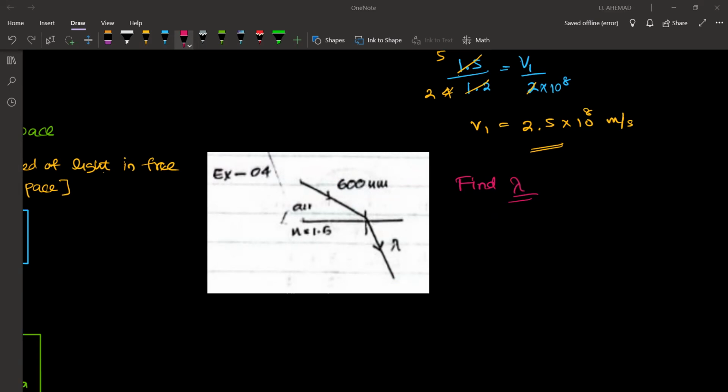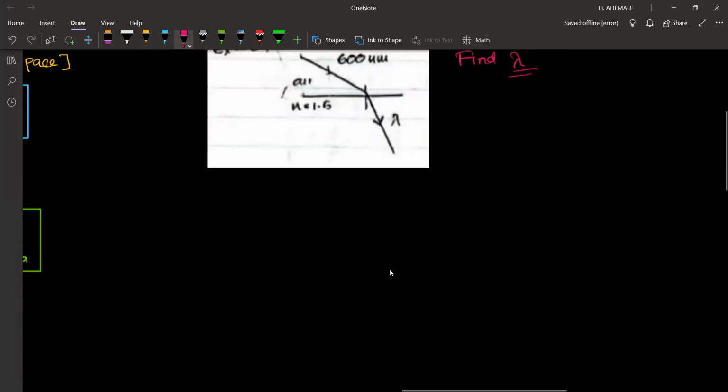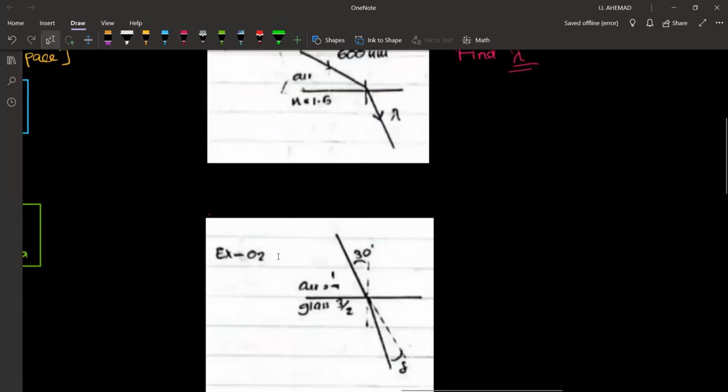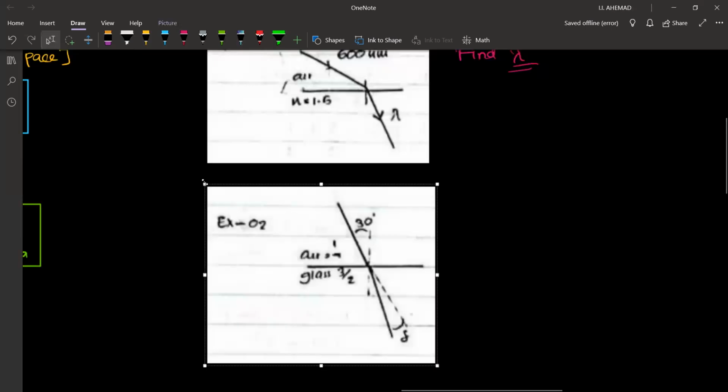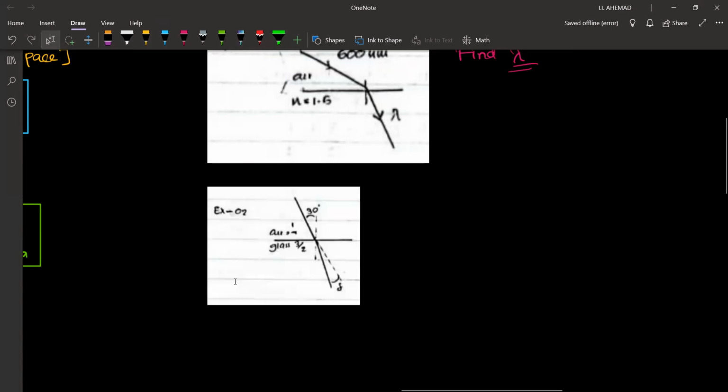Start from there and find out the answer. Once you all have found lambda, let me know.